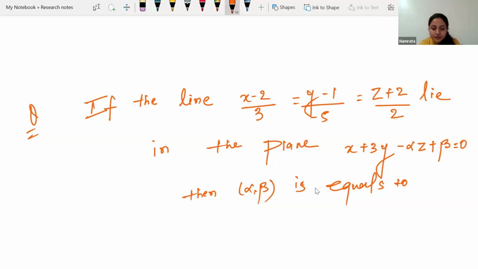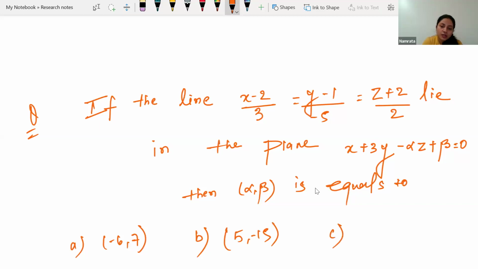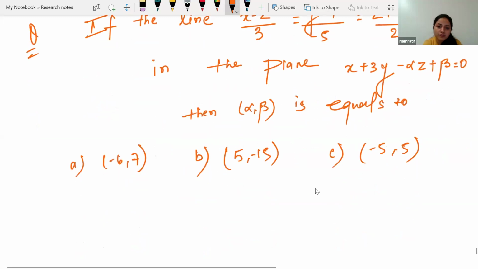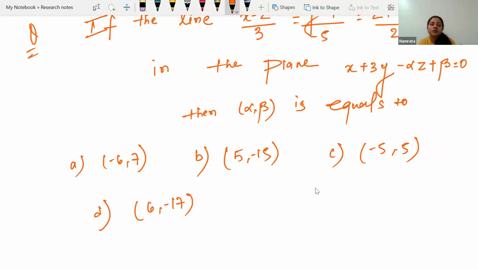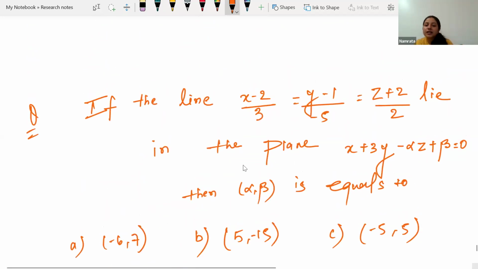Options are: A, negative 6, 7; B, 5, negative 15; C, negative 5, 5; and D, 6, negative 70. So if this line lies in the plane, we are having a plane.